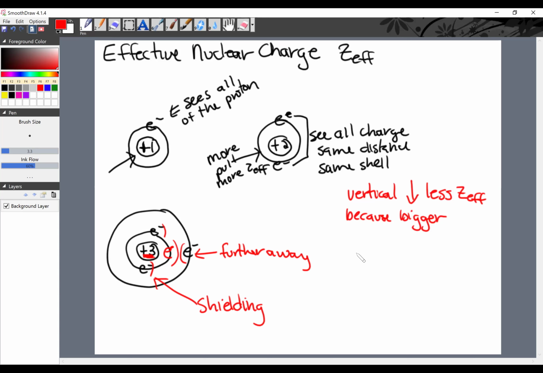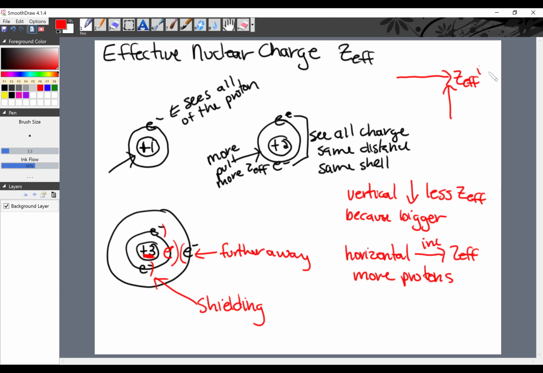Horizontally, you're going to increase Z as you go to the right because there's more protons. All right, so on the periodic table, effective nuclear charge increases as you go to the right and as you go up.